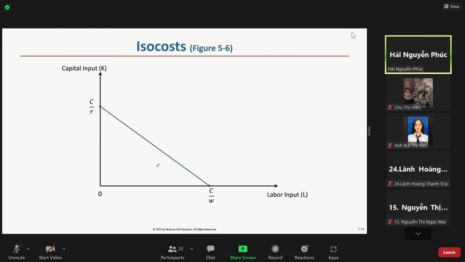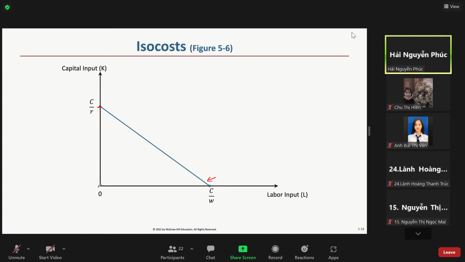Now here's the graph, and here's our isocost line. Pay attention to the following. If you look at the intercept with the y-axis, you can see that it is C divided by R. What does it mean?